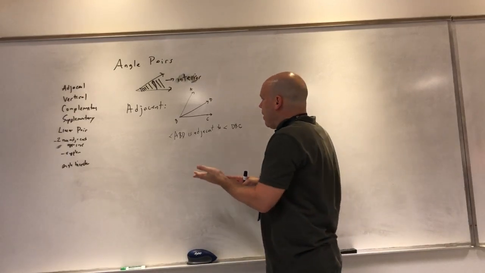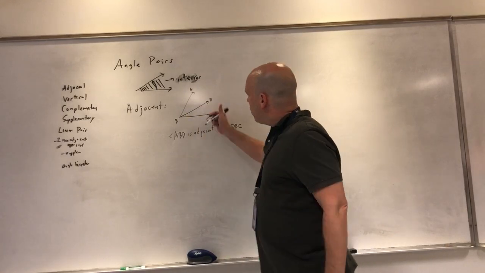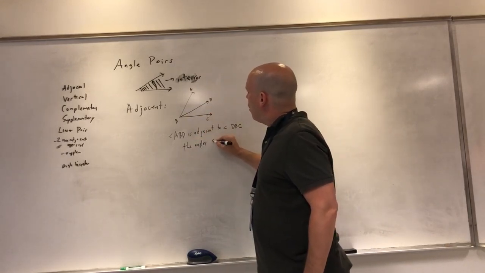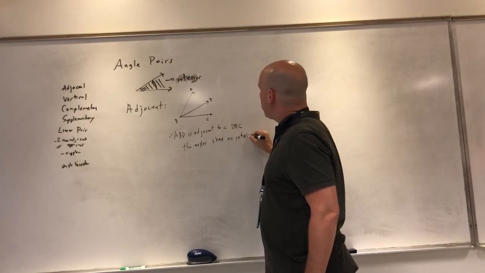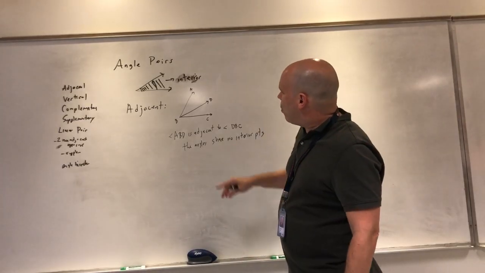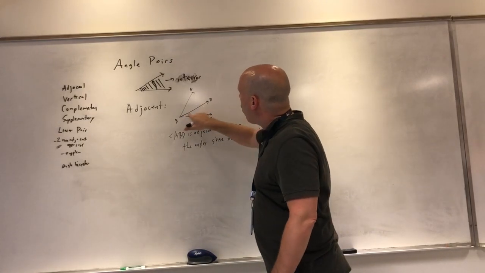I like to say simply that the only thing they share is the common ray. So the angles share no interior points. So these are adjacent. Once again, they only share one ray.